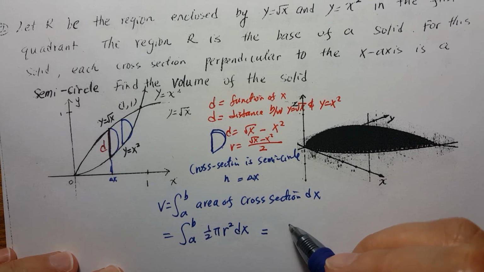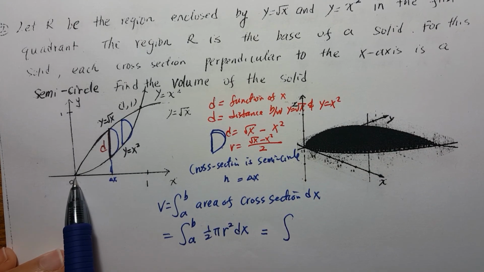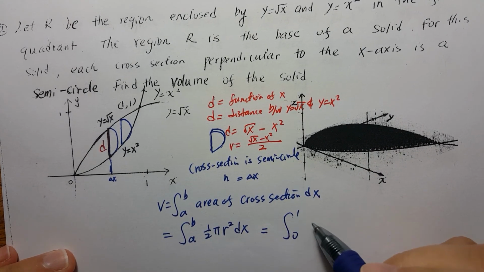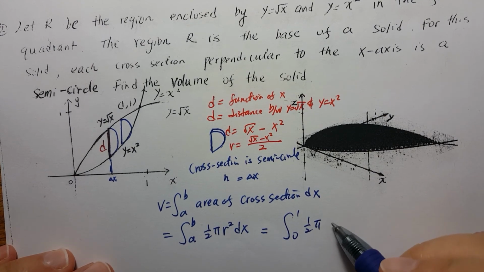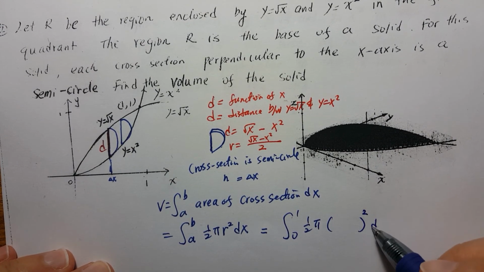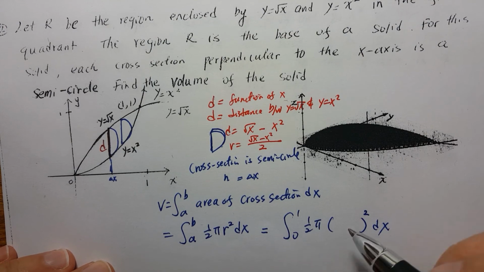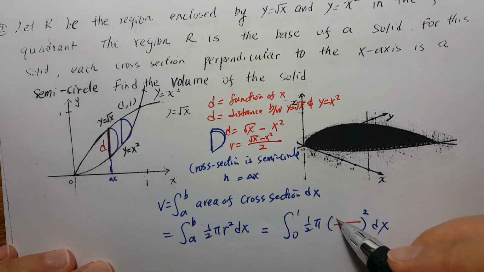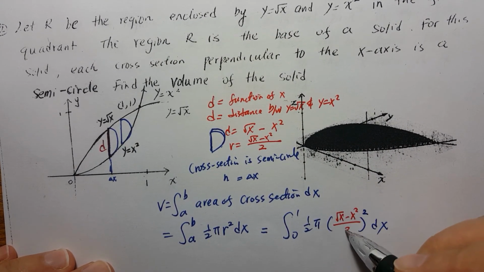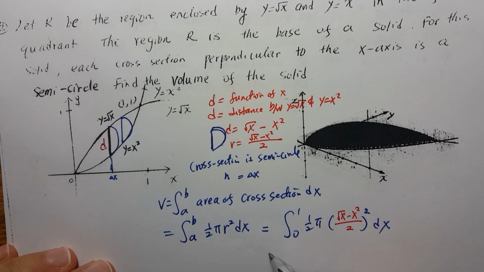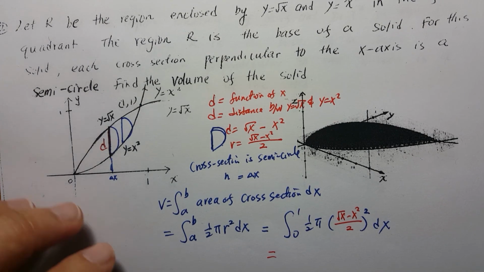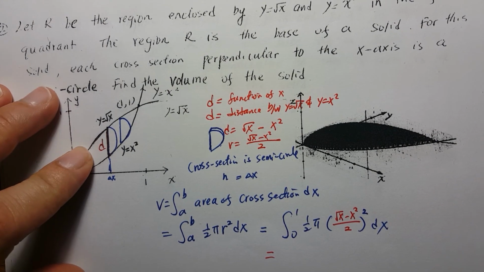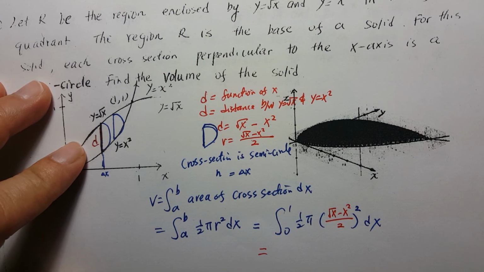So now we got the integral from 0 to 1 of 1/2 pi times the radius squared dx, and the radius is going to be (square root x minus x squared) over 2. Then we type this into our calculator. Because we have a square root over here, it's not going to be a fraction, so you can type in the whole thing, or you can factor out the half pi.